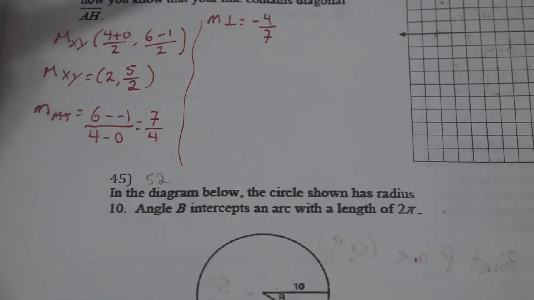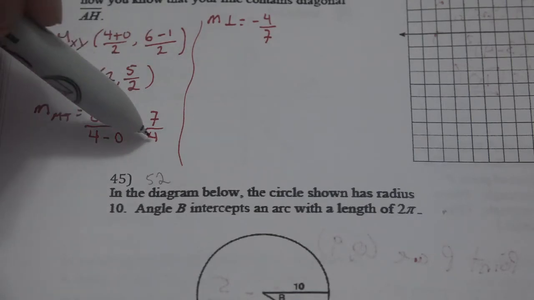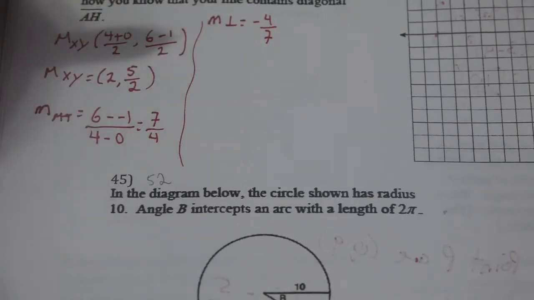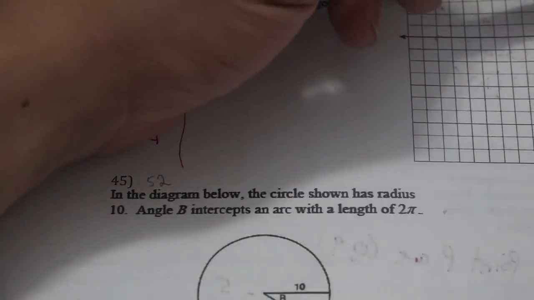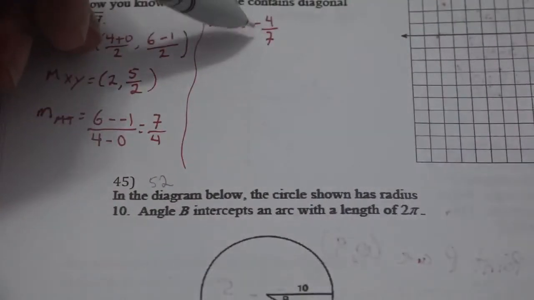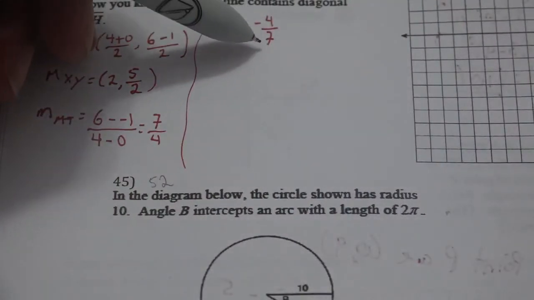Therefore, I have to figure out what the perpendicular slope would be. The slope is 7/4, but then the slope perpendicular to it would be -4/7. So from the midpoint, right here, I would just have to go 4 down and 7 to the right, or 4 up and 7 to the left.